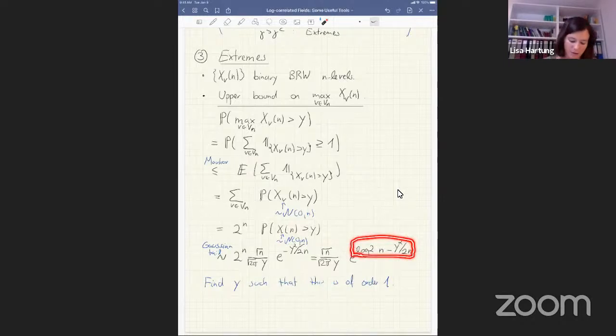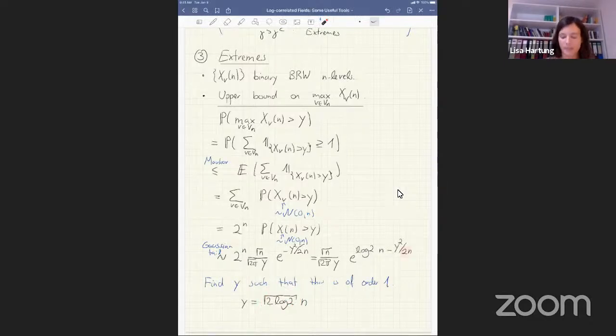For this, I want to choose y to be roughly square root of 2 log 2 times n. Because if I square this, I get an n squared, one of the n cancels and one stays. And this square root 2 log 2 squared divided by 2 gives me exactly this log 2 over here.